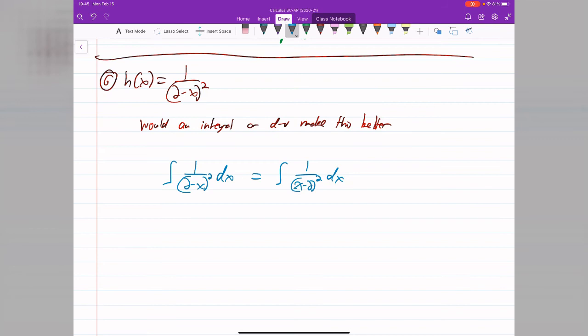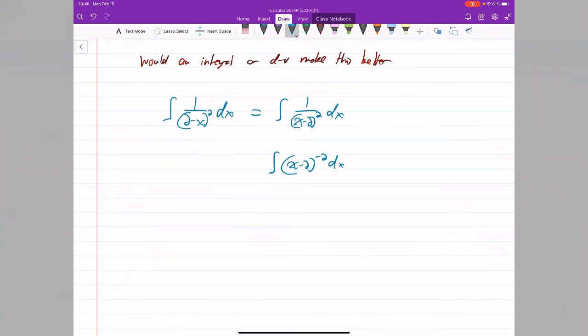We get this, which is the same as (x minus 2) to the negative 2 dx. Remember, no u substitution needed there. If I integrate that, I get negative (x minus 2) to the negative 1 plus a constant. Or, better yet, I get 1 over (2 minus x) plus a constant if I pull that negative 1 back in.